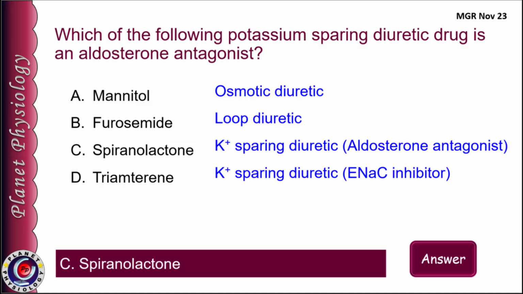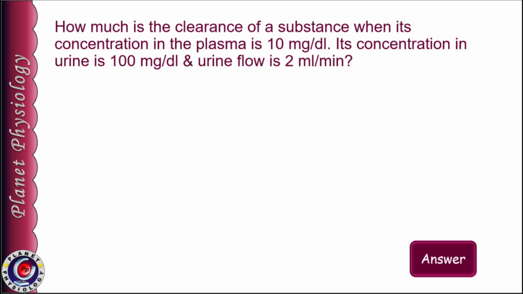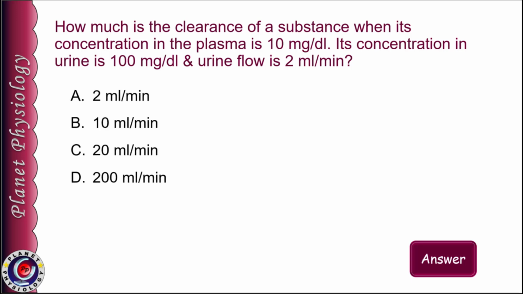Now the questions on renal clearance. How much is the clearance of a substance when its concentration in the plasma is 10 mg per deciliter, its concentration in urine is 100 mg per deciliter and urine flow rate is 2 ml per minute? A. 2 ml per minute, B. 10 ml per minute, C. 20 ml per minute and D. 200 ml per minute.